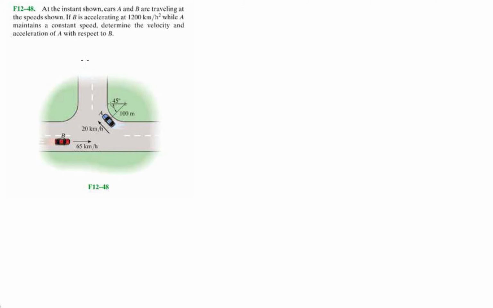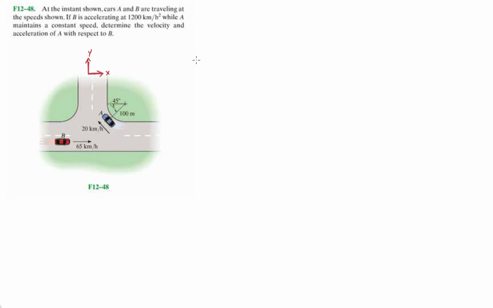We're trying to find the velocity and acceleration of A with respect to B. So I'm going to first determine my coordinate system: X positive to the right, Y positive going up.